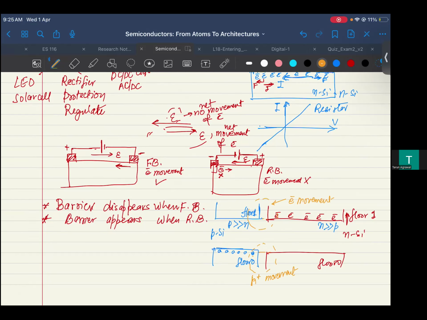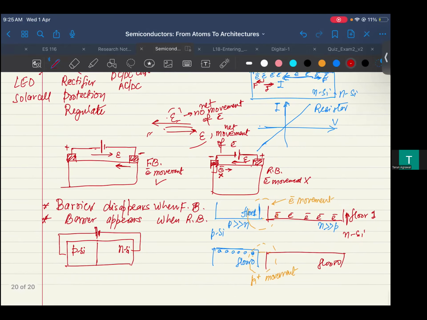But at the same time, can this provide a barrier or not is a question we have to explore. What is happening when you are telling that if I combine this p silicon and n silicon, and I apply a positive or negative voltage, this barrier is disappearing and the barrier is appearing?